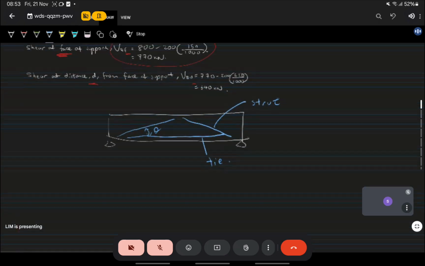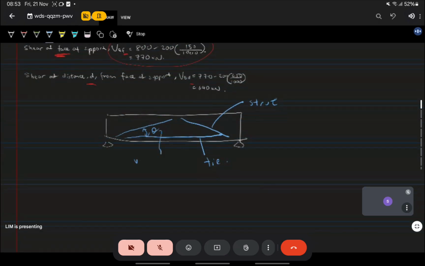This angle varies between a minimum of 22 degrees and a maximum of 45 degrees.